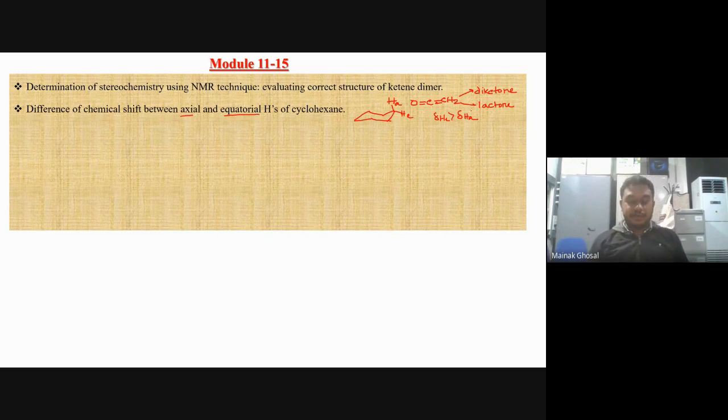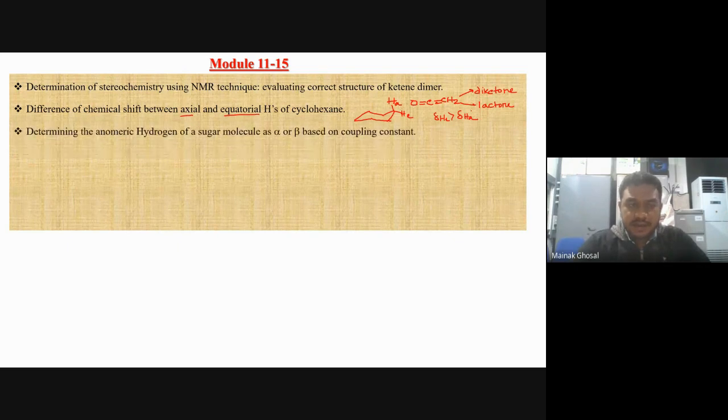So from the chemical shift of the hydrogen, you will be able to determine whether the hydrogen is attached at the axial or equatorial position.